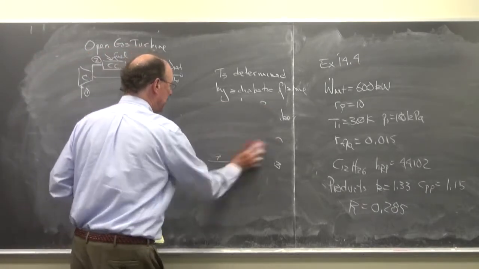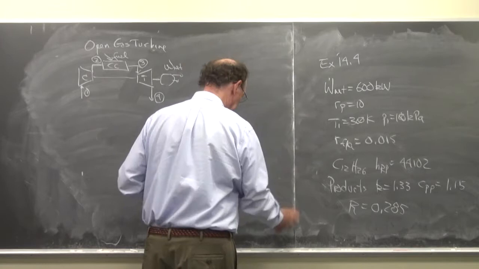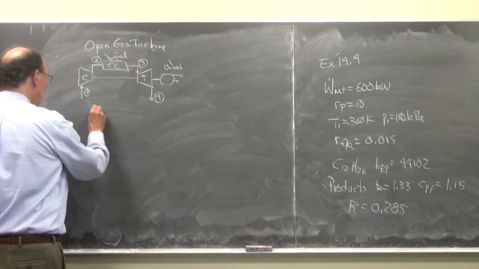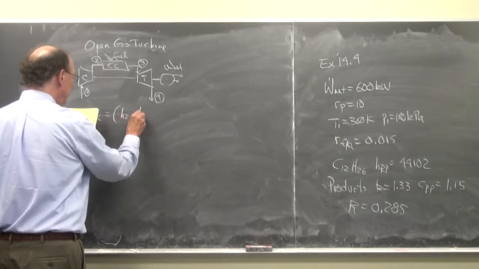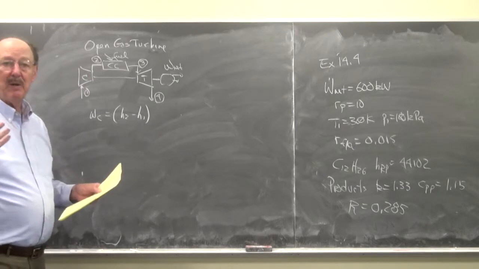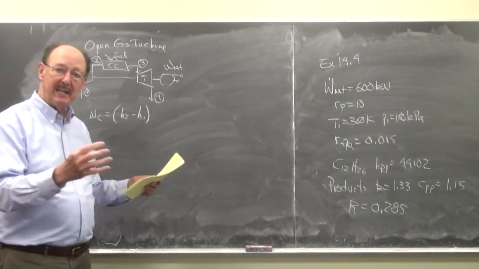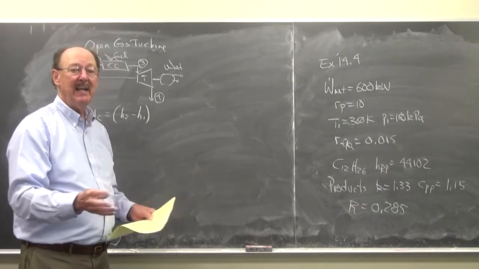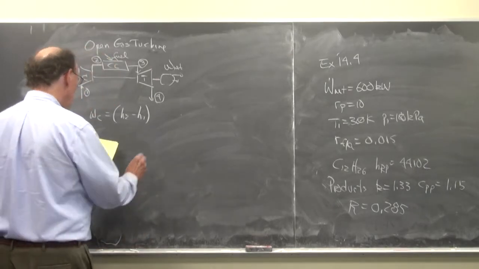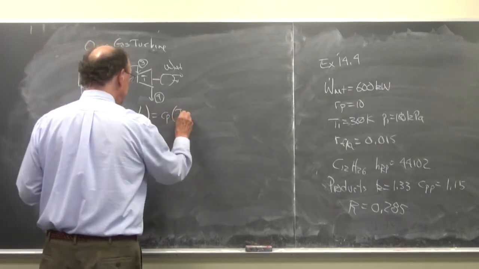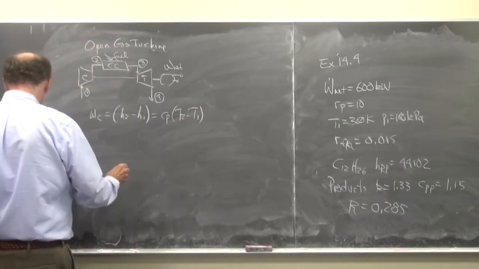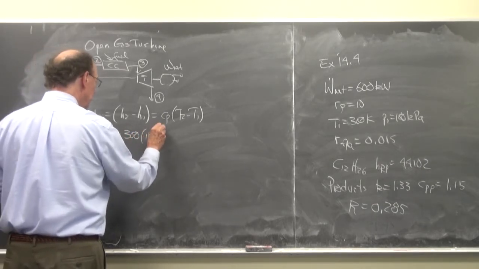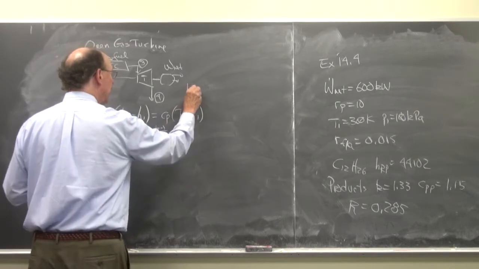I can't keep all my drawings, but you have them to refer to. So now, the work of the compressor is equal to H2 minus H1. And notice that we're going to do everything per unit mass, and then I'll correct for the mass flow rate at the end. So in these problems, we do work per unit mass, and then correct at the end. It is equal to C sub P times (T2 minus T1). T2 is equal to 300 times 10 to the (K minus 1) over K, and K for air.